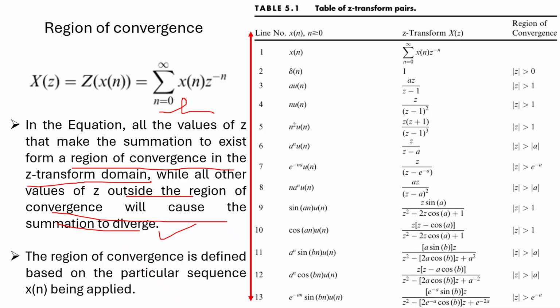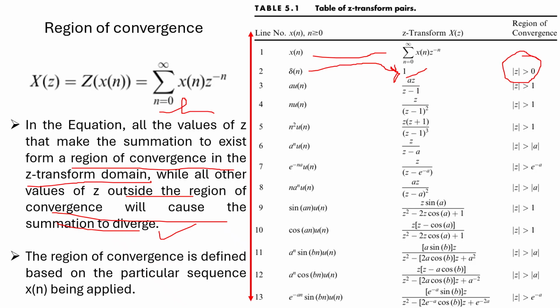If you look at the table, here is x[n] and this is the z transform of x[n]. What is the z transform of delta[n]? It is 1. Is it dependent on any pole? Does it have any pole? A pole means there is something divided by z minus 1, z minus 2, anything. Nothing is there, so it will always be stable.